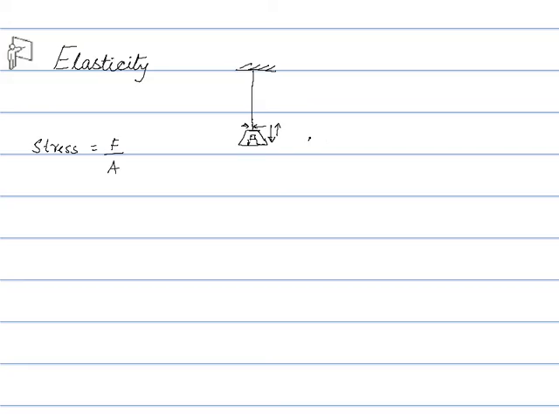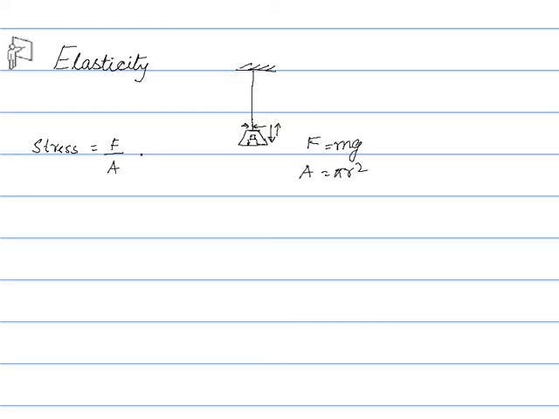So the force will be equal to the gravitational force due to the mass placed on that hanger, and area will be equal to pi r square, where r is the radius of this string. Therefore stress is defined as force per unit area.